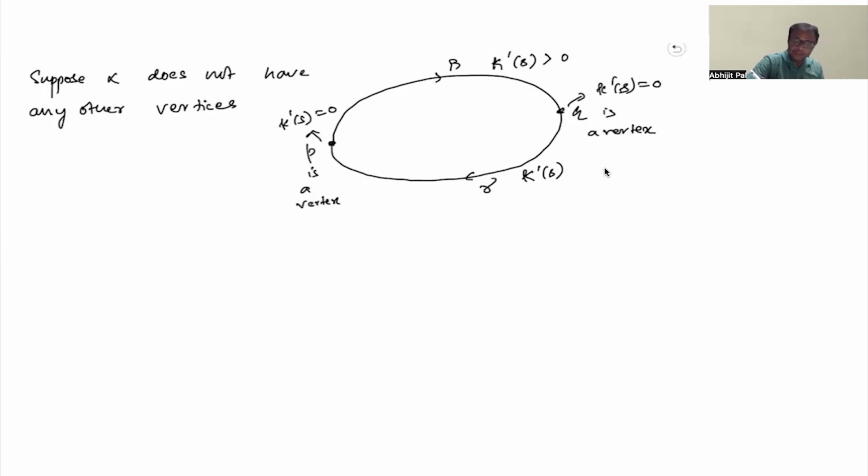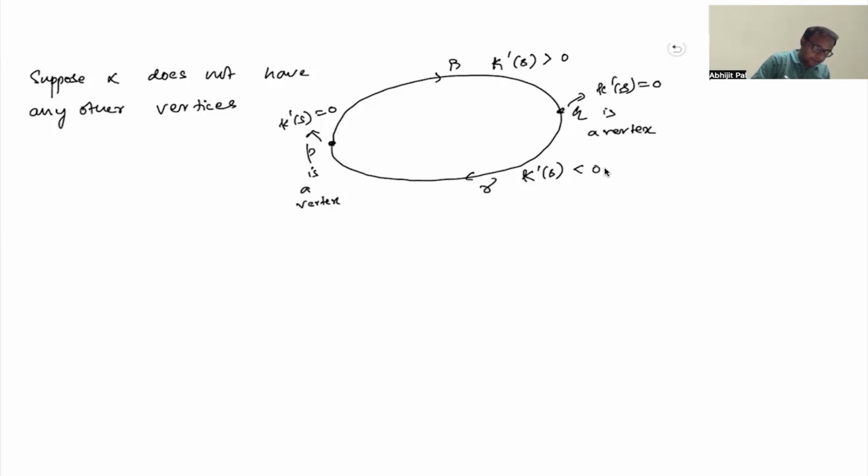So on beta it is greater than 0, and k prime s here will change the sign. So if on beta k prime s is greater than 0, then on gamma this k prime s will be less than 0.